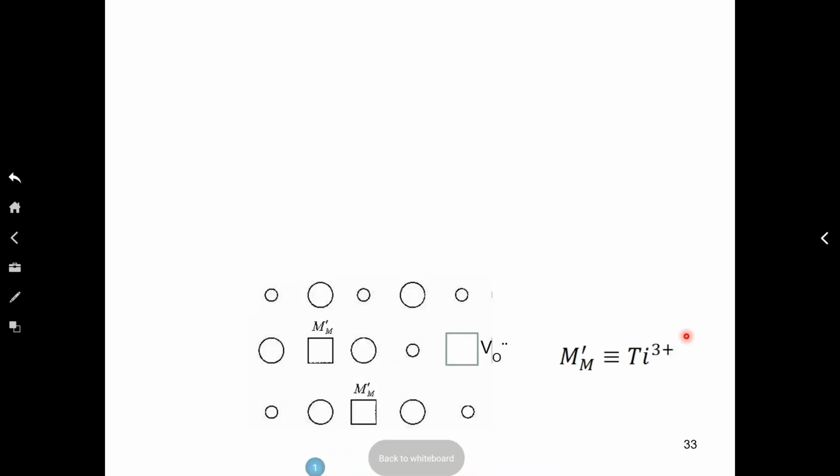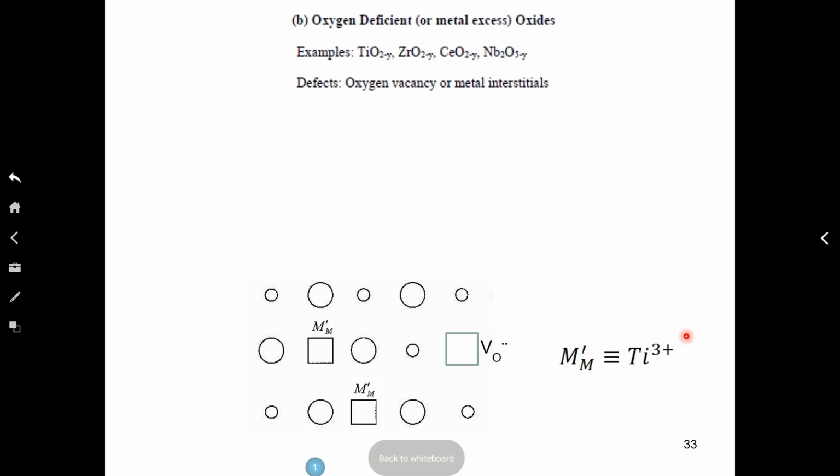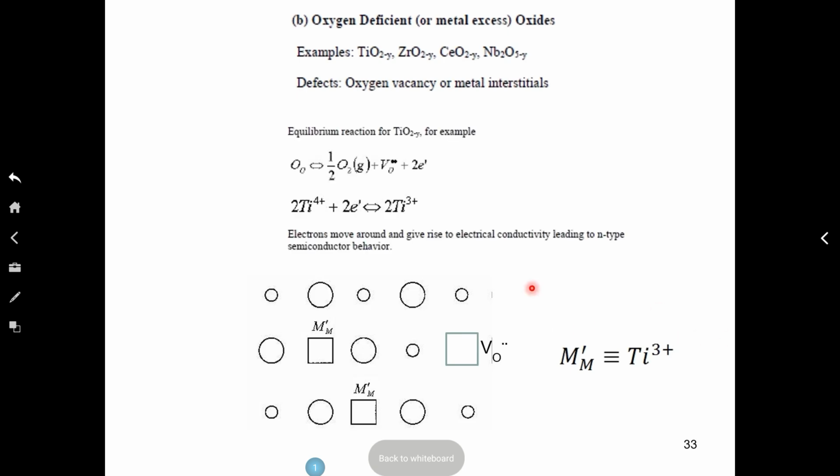We'll talk about these other types of non-stoichiometry. So the next one is the oxygen sublattice non-stoichiometry. Looking at the point defect thermodynamics, in this case the opposite will happen because it's creating vacancies on the oxygen sublattice.